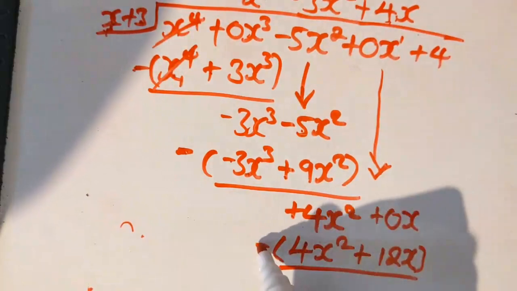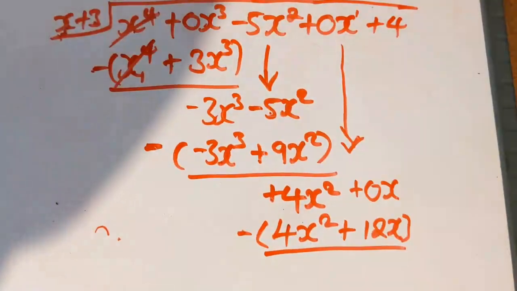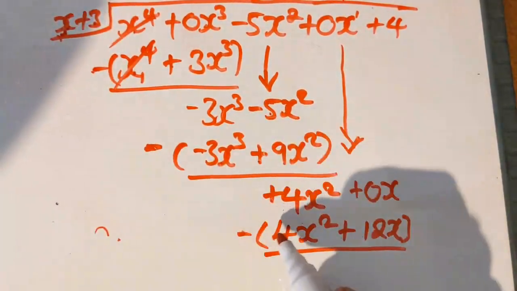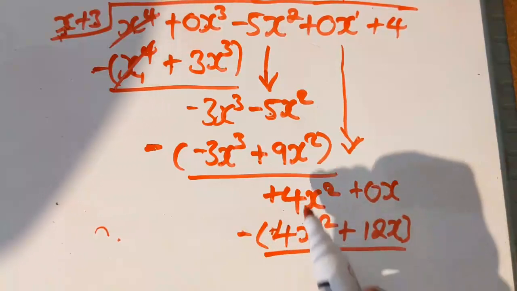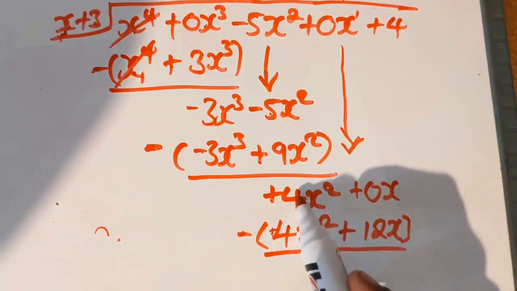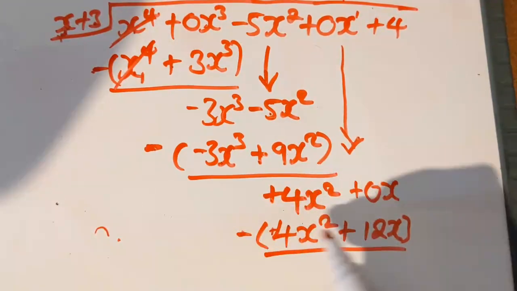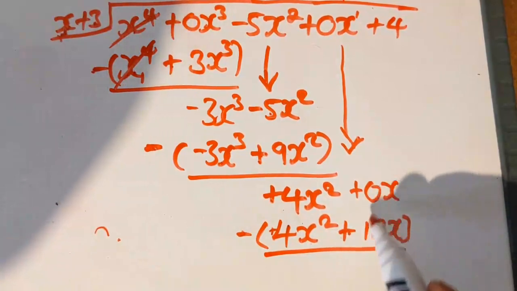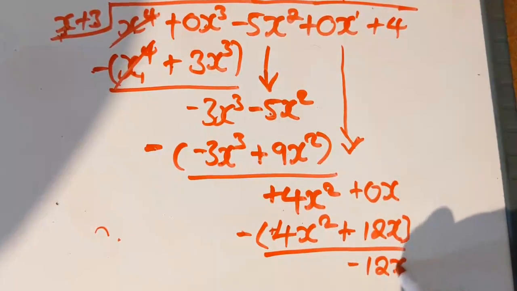Okay, so we're going to say negative times positive, it is negative. So we are going to say 4 minus 4, that is 0. Okay. Then negative times positive is going to give us negative. So 0 minus 12 is going to give us negative what? Negative 12x, right?